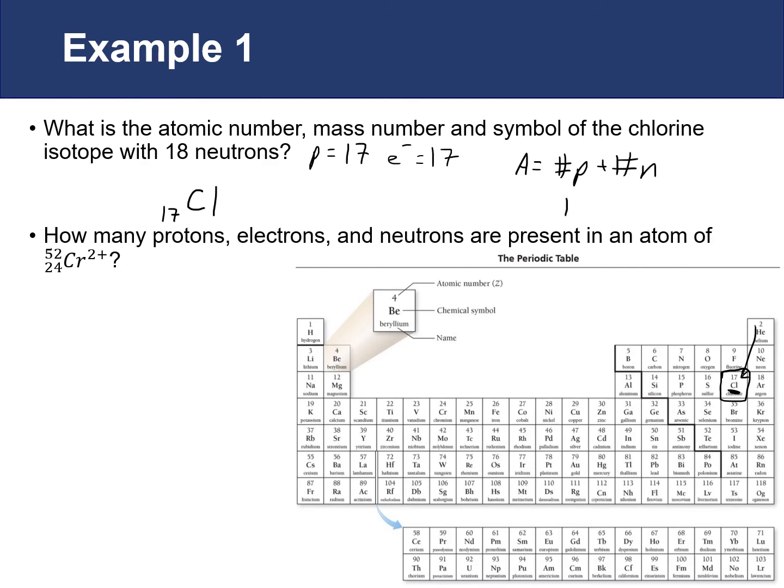So that would be 17 protons plus 18 neutrons for a total of 35. And because it doesn't say anything about this being a cation or an anion or some sort of an ion, our value in our upper right here stays a 0, and so we leave it out.